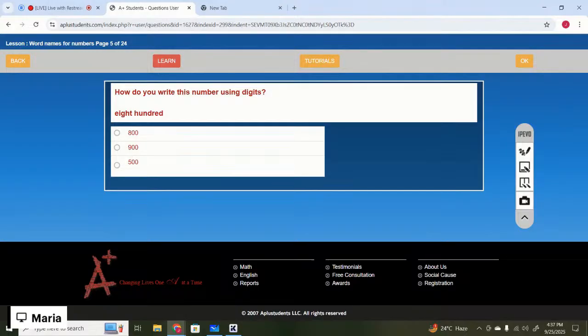How do you write using digits? 800. So we are given just the hundreds in it, right?